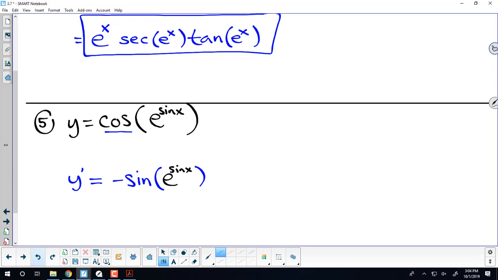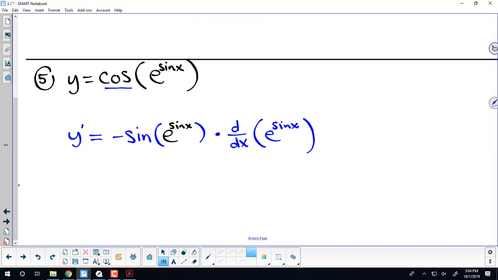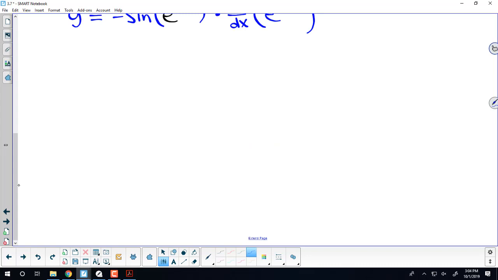So there's the derivative of the outer, leaving the inner alone, multiplied by the derivative of the inner. The chain rule says to take the derivative, we have to do that. We've got an additional derivative to compute. So then that additional derivative is yet again another chain rule.